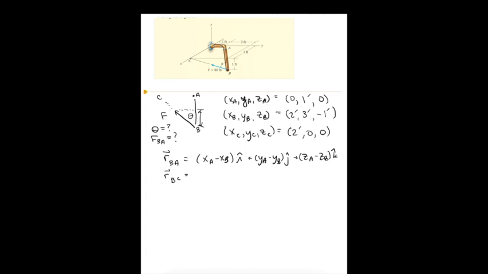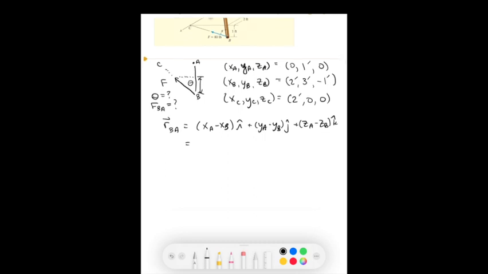And we're going to put that value in there. Okay, so we put those values into there. 0 minus 2 in the x direction, 1 minus 3 in the y direction, and 0 minus a negative 1, so plus 1 in the z direction.